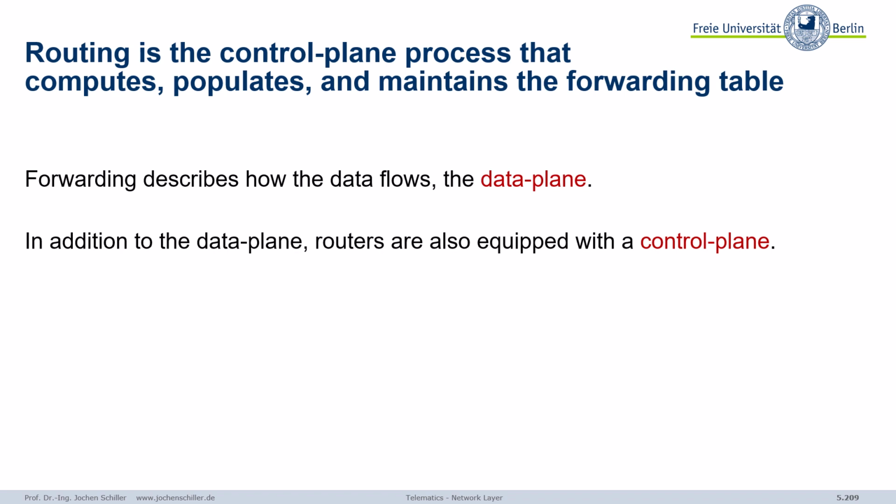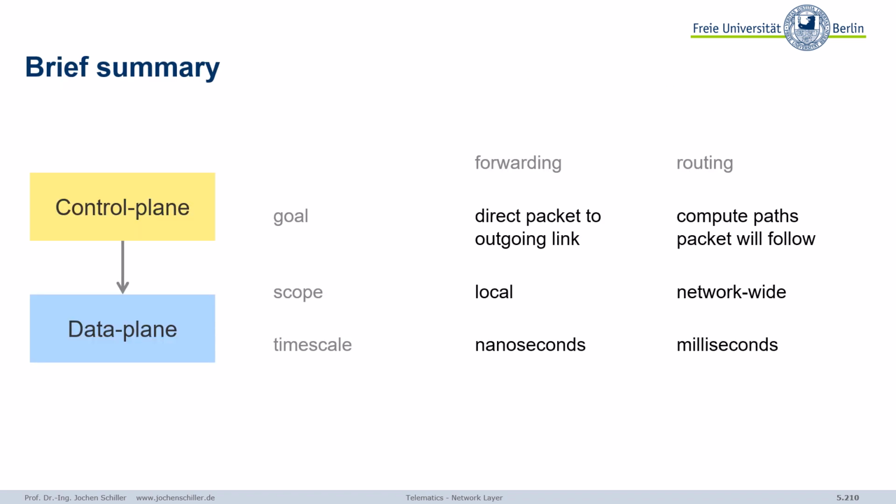The routers also have a control plane, and with the help of the control plane, they exchange their routing data with the help of routing protocols. So this is a second layer, so to say: the control layer and the real data layer. Again, the control plane is needed to control the forwarding of the data.